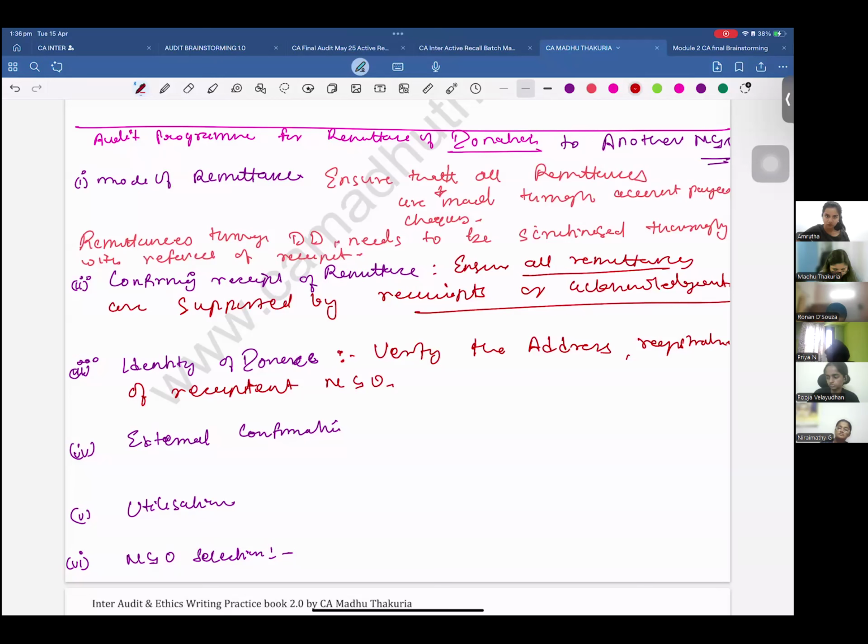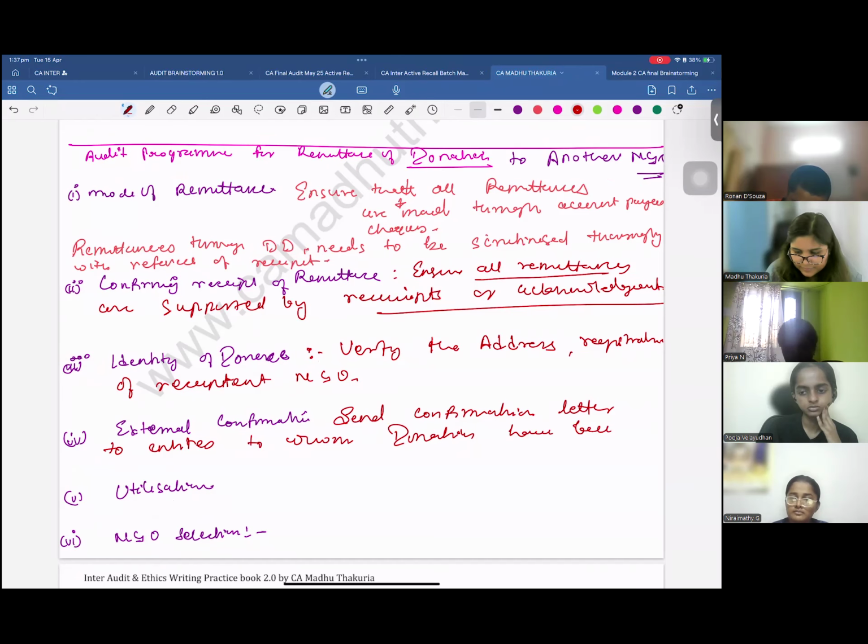If you want to really get the confirmation from the other NGO to whom that remittance was made, please send the external confirmation letter. Send confirmation letters to entities to whom donations have been paid.